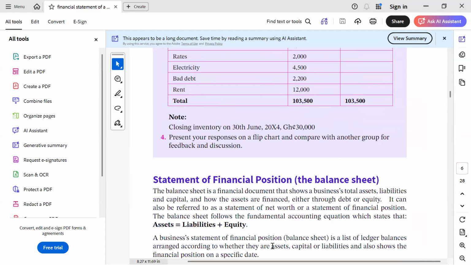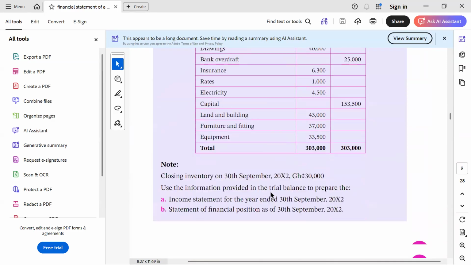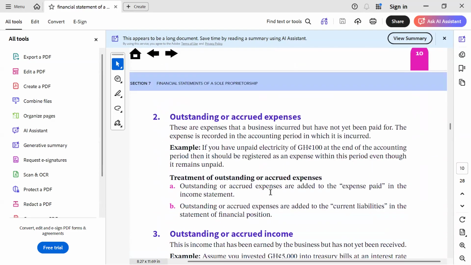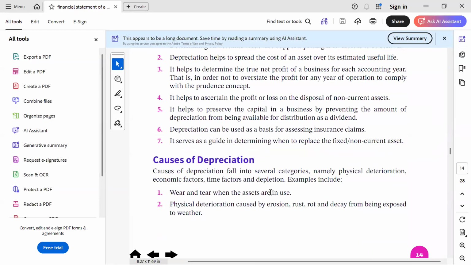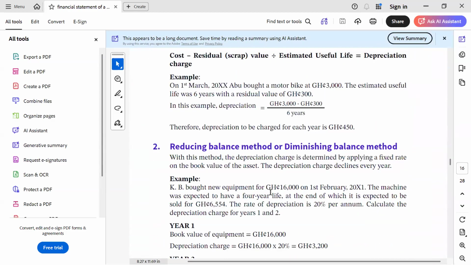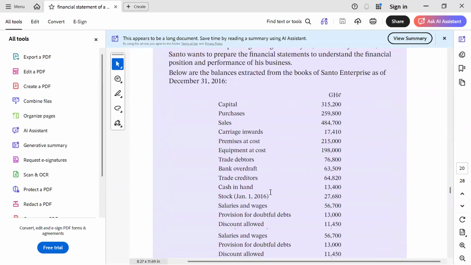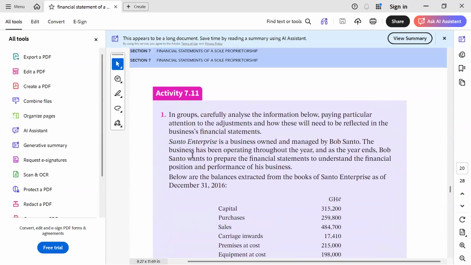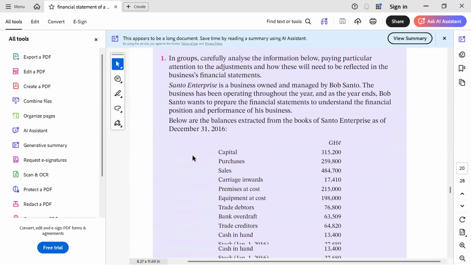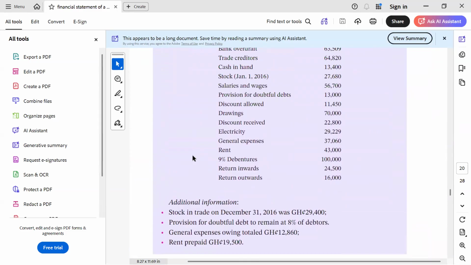So you remember that we had something like this. We had a question like this. Now, that is activity 7.11. There are some few techniques over here that you needed to know.